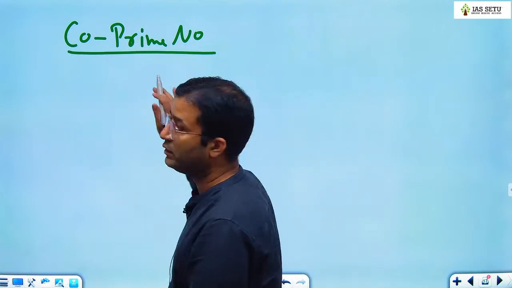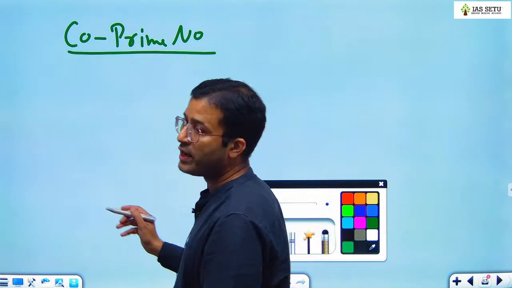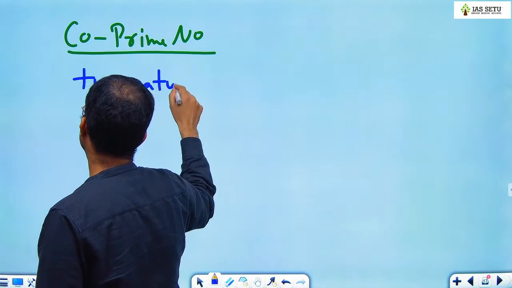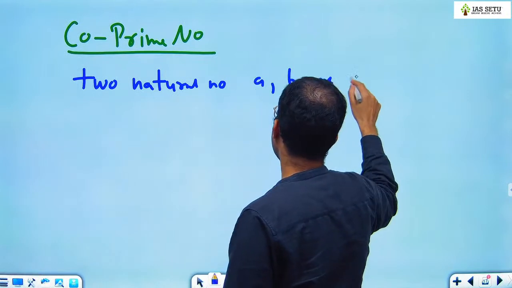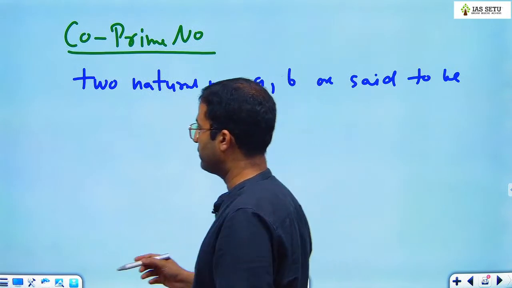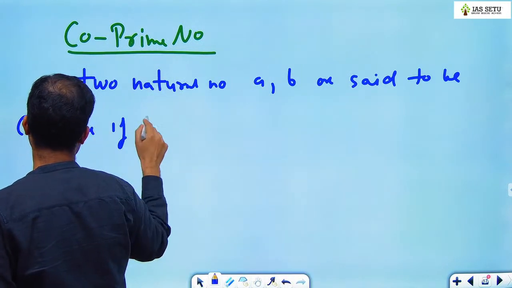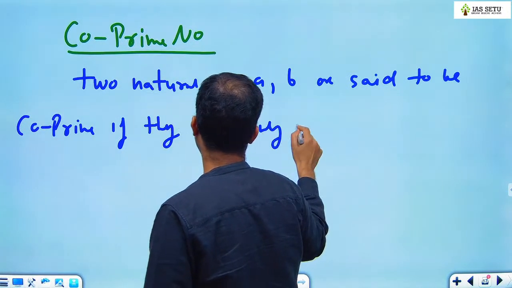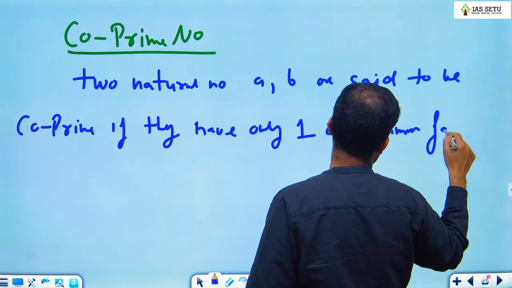See here, first I tell you what is the definition of co-prime. Write two natural numbers. A and B are said to be co-prime if they have only one as a common factor.